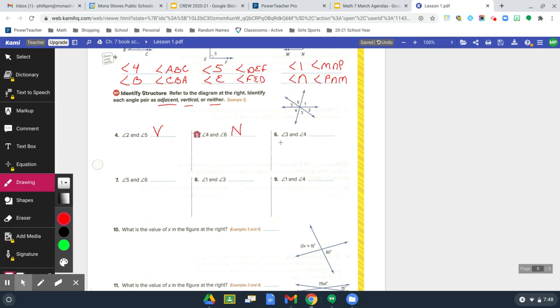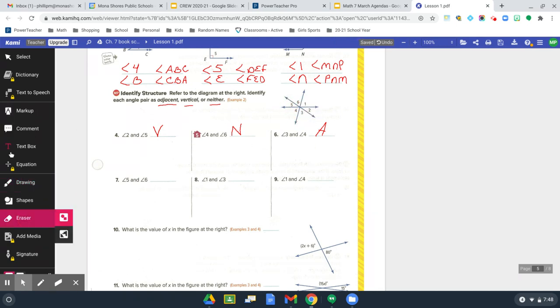Number 6, angle 3 and angle 4. So here and here. Now those absolutely are adjacent. Those are next to each other, next door to each other. They share a common side here, a common ray, and a vertex. All right.